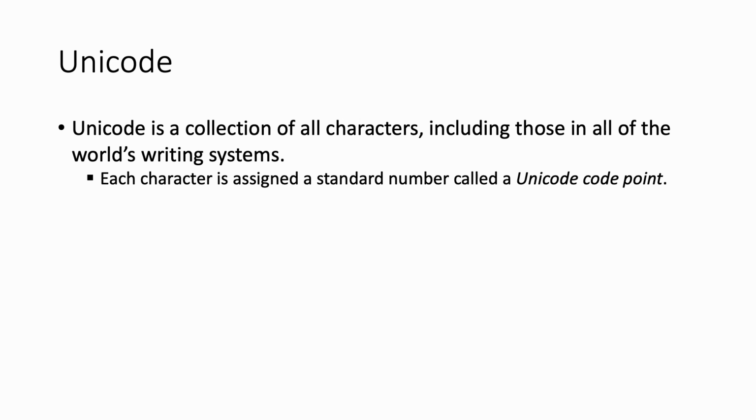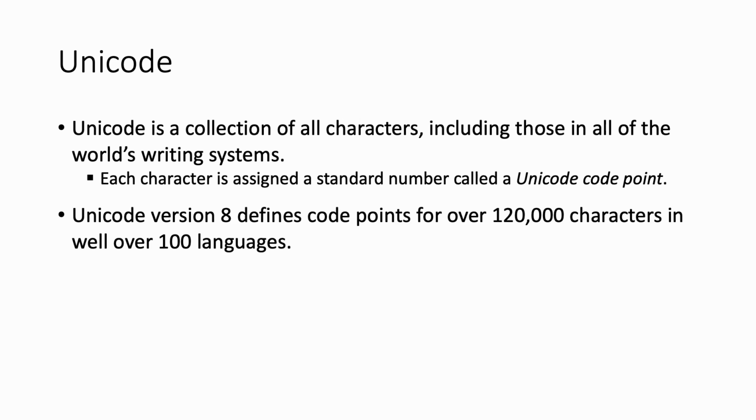Each character is assigned a standard number called a Unicode code point. Unicode version 8, which was released in June 2015, defines code points for over 120,000 characters in well over 100 languages.